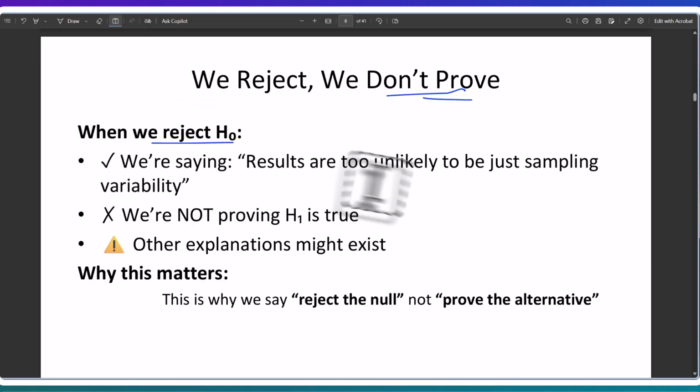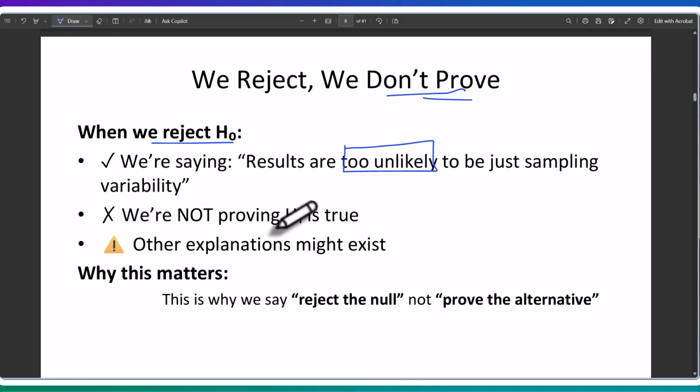If we were to reject the null hypothesis, all that is saying is that the results are too unlikely to be just sampling variability. And again, this too unlikely is a social convention, how you define that. It's socially conceived. There's no absolute way of actually defining what too unlikely is.